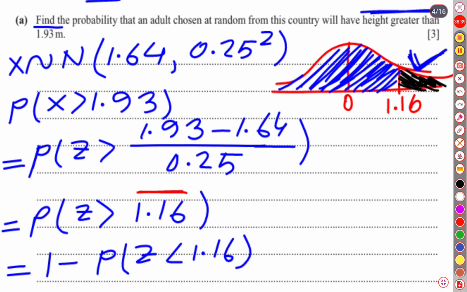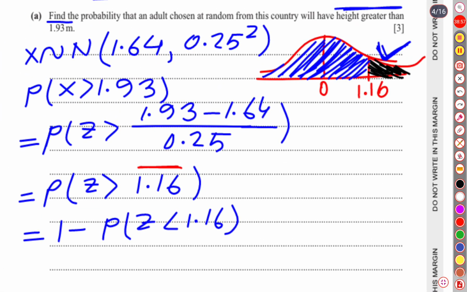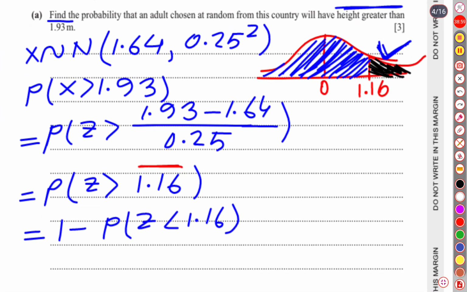The reason is that all the probabilities given in the probability distribution table are more than 0.5. So the probability for this corresponding z score is going to be 1 minus, when z score is 1.16, 0.8770.